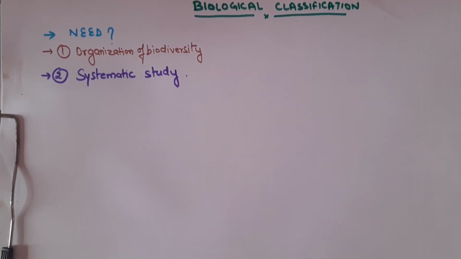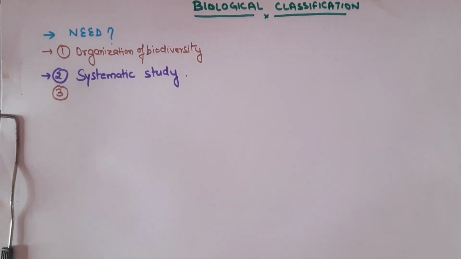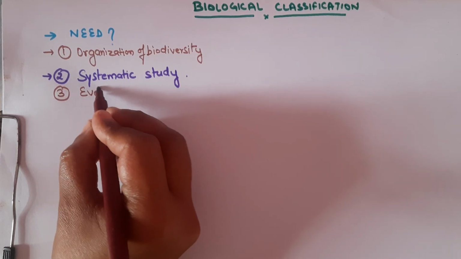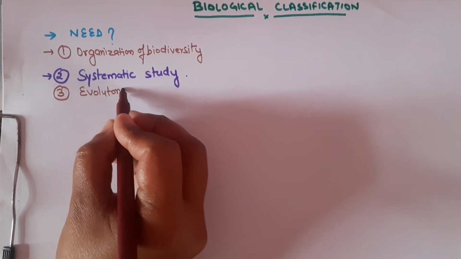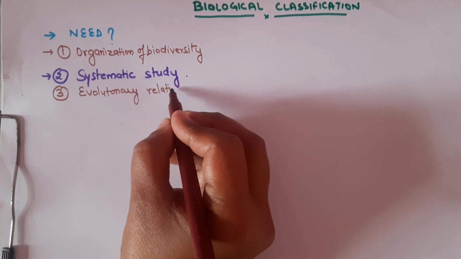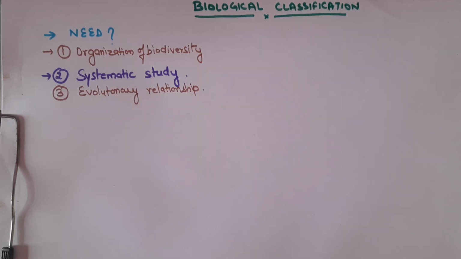The third point is to understand the evolutionary relationship. For understanding evolutionary relationships, we need a system for biological classification.